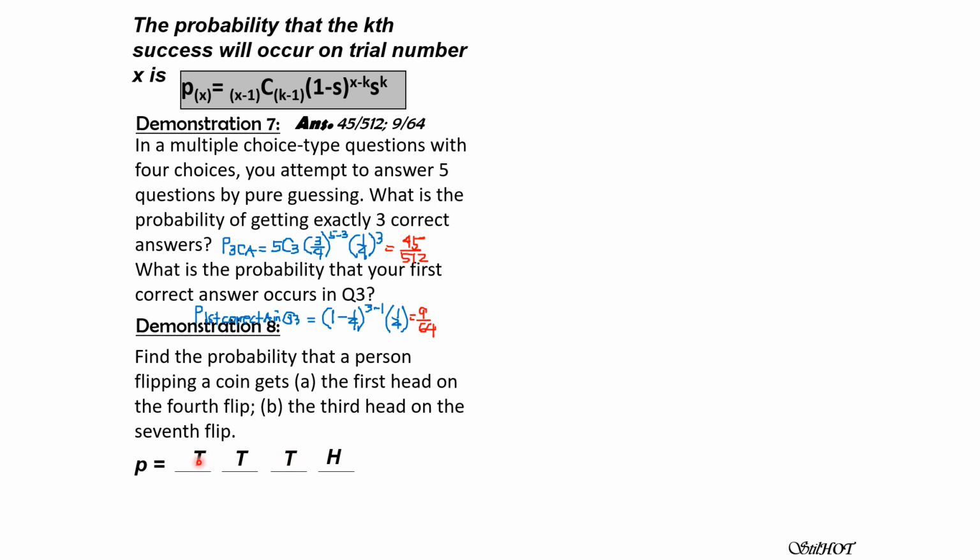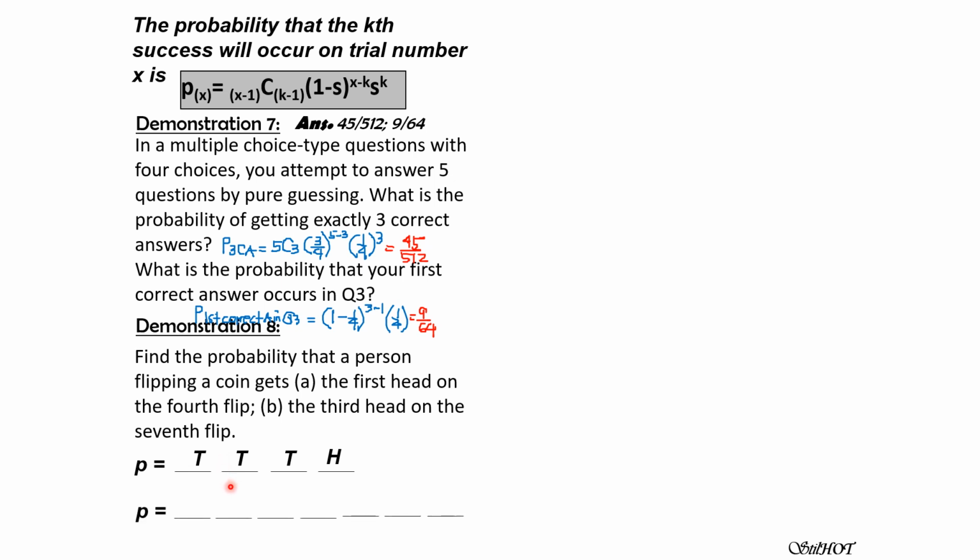That is also 3 because x is equal to 4. And times the probability of success, which is head, which is 1/2. The probability that it will be tail is also 1/2. Remember, the coin has only 2 sides, tail and head.